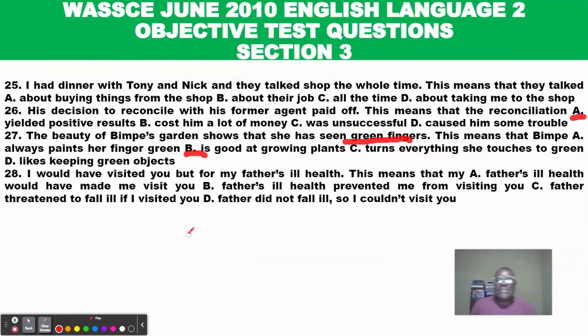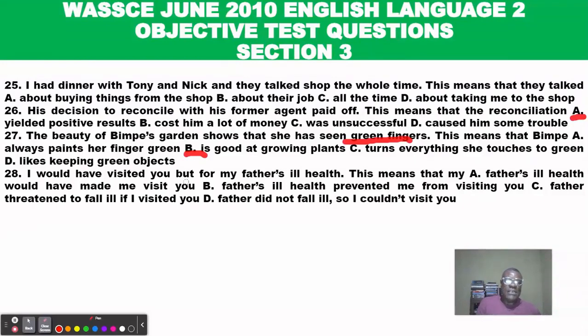I would have visited you, but for my father's ill health. Now, the expression "but for," again, contextualization comes into play here, because if you say I would have visited you, that was an extension. Okay, but this conjunction "but" introduces something negative.